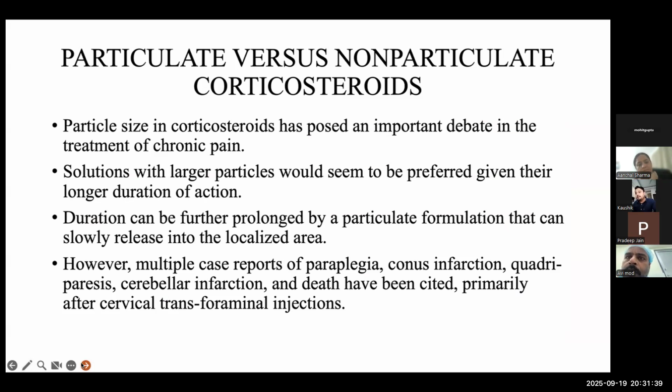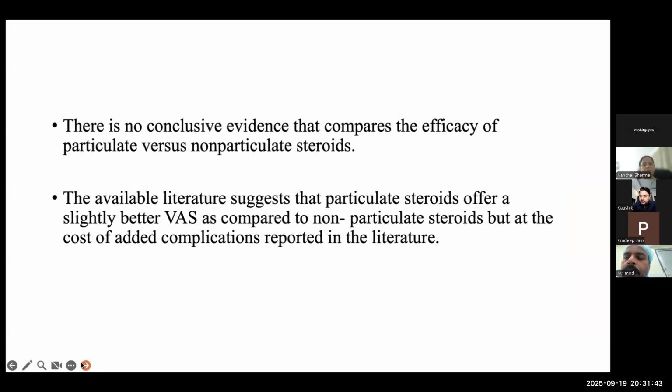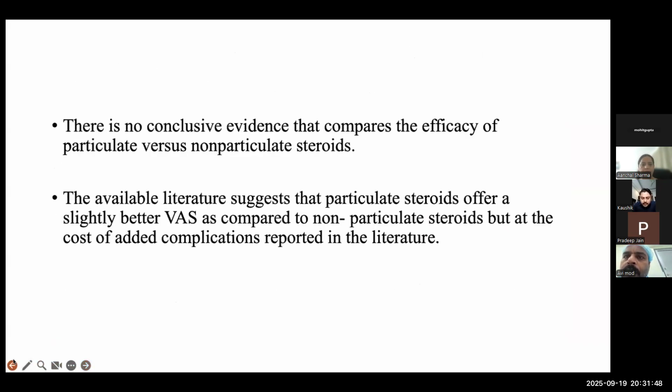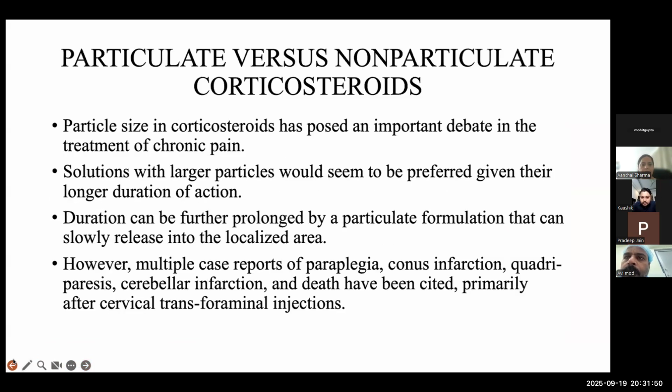Coming to the next part, what does the FDA recommend? The reports of complications which have been published in the past decade were studied extensively by the US FDA in April 2024, and they issued a warning for the epidural use of steroids.